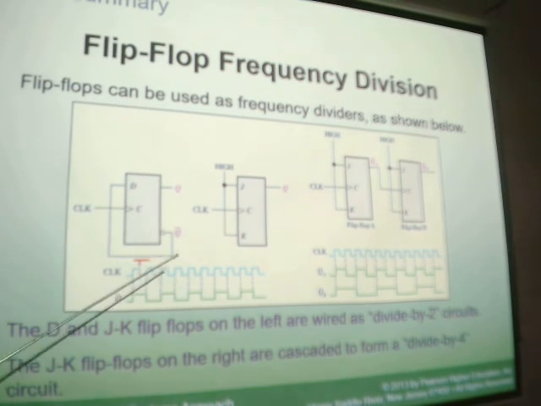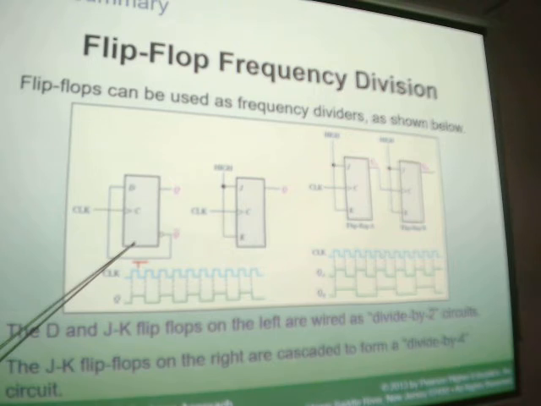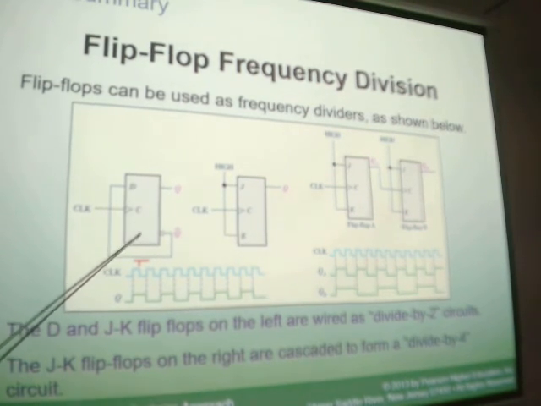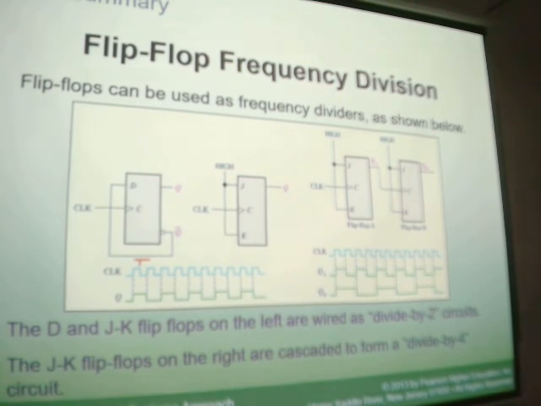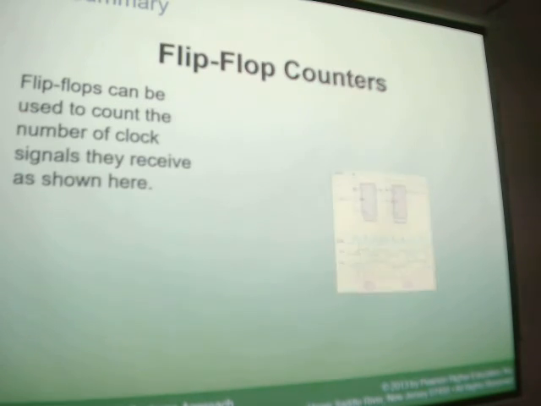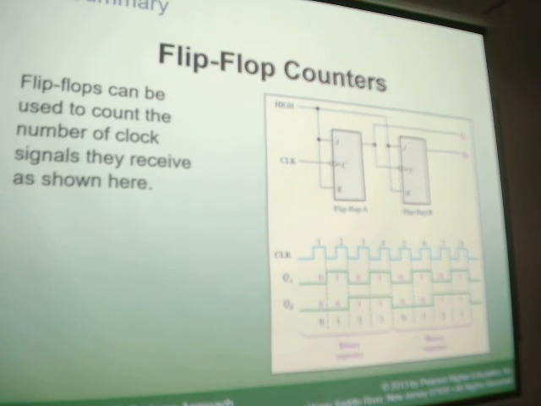This means the first circuit is a divide by 2 circuit, and the flip-flops cascaded on the right form a divide by 4 circuit, because the frequency of the output is 1 over 4 of the clock frequency.